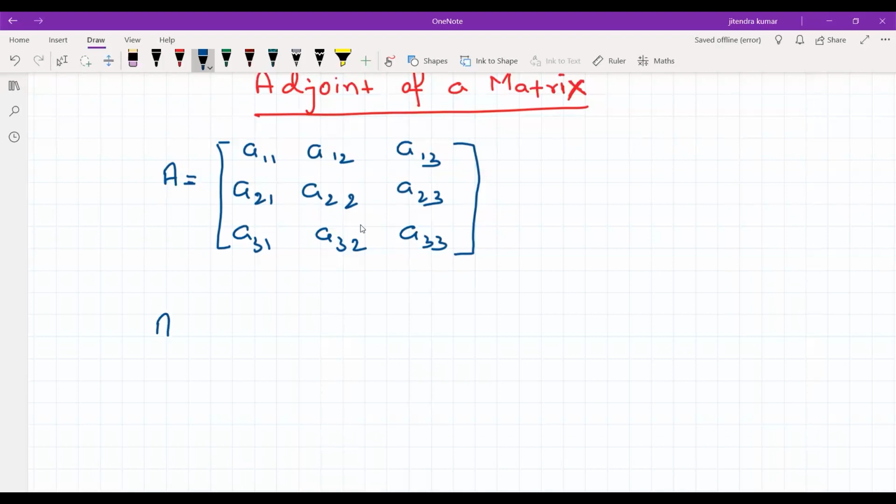So suppose we make a different matrix of cofactors. Let's represent it by AC. What we are doing here is finding the cofactors of each element of this matrix and making a matrix of cofactors. Like we are writing C11 here, C12 here, C13 here.